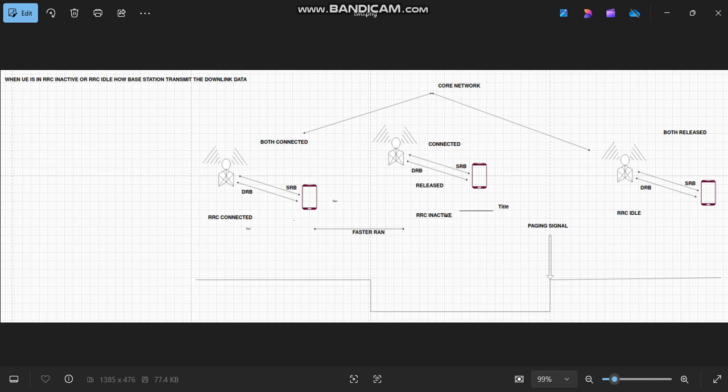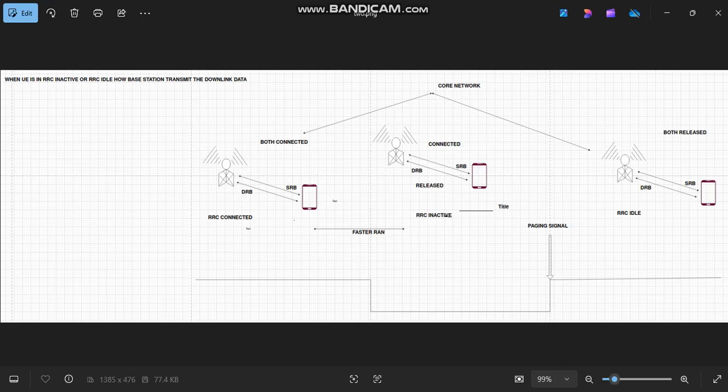But in order to receive the paging signal, the UE has to be RRC connected itself. So at the time of RRC inactive, if the paging signal is received, that becomes null. Means if the paging signal is received by the UE at RRC inactive or RRC idle, it goes in vain.